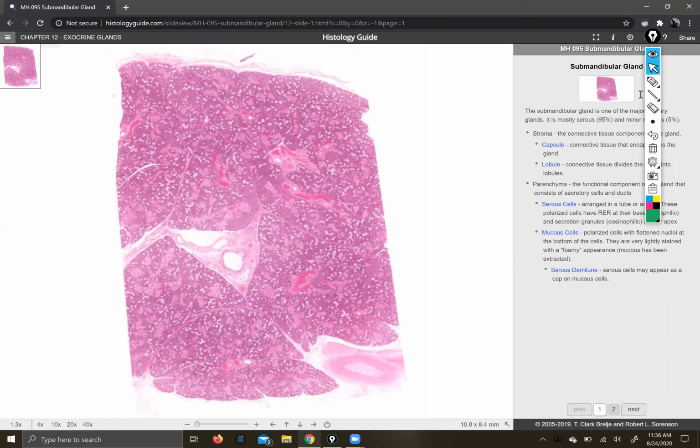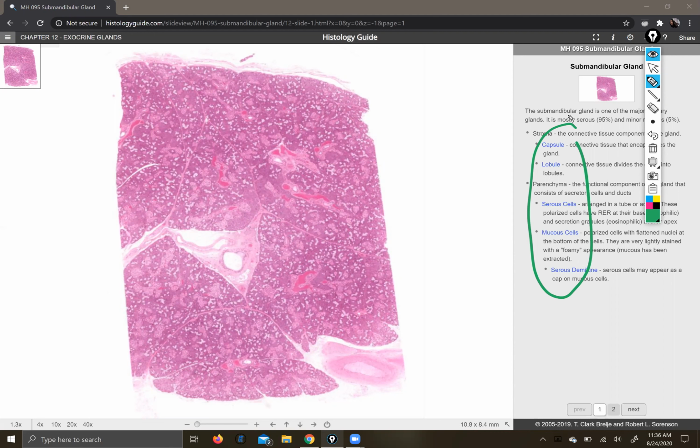So I think what happens is if I circle something and a student's maybe running out of time, maybe flailing a little bit and doesn't know what the answer is, they click on over to Histology Guide and they just kind of pick one of these words and type it in sort of out of desperation.